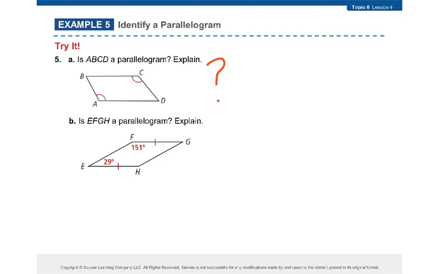Is it a complete set of indicators? Now for B, remember the theorem: the two consecutive angles, or the interior angles, should add up to 180, and there should be one pair of opposite sides congruent. Does that apply for B?